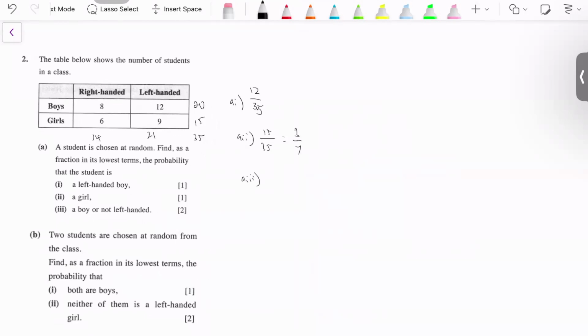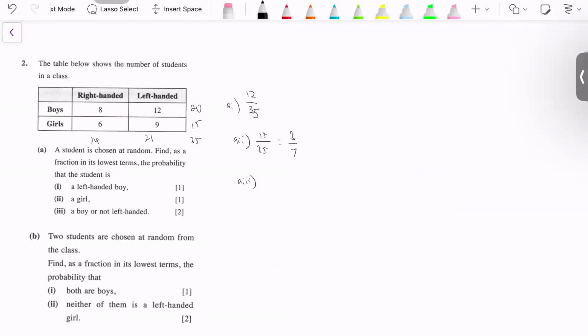Okay, so next is this. The probability of us getting a boy or not left-handed. First thing, you want to find out the probability of boys, which has a total of 20 boys. Then we want to find those who are not left-handed. Those who are not left-handed total 21, but we have already included the boys in.